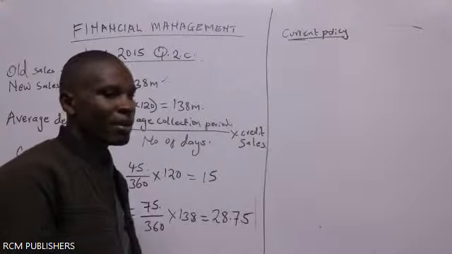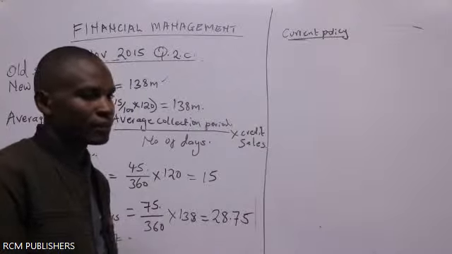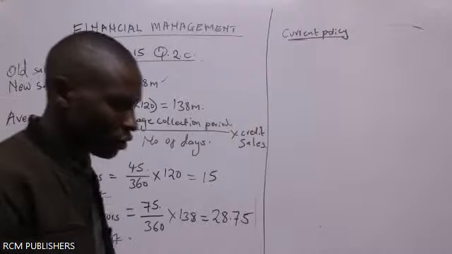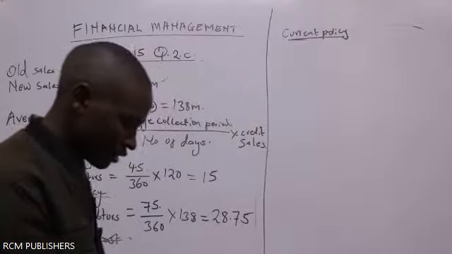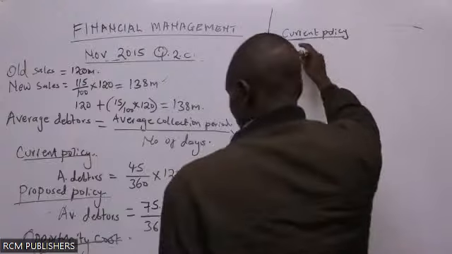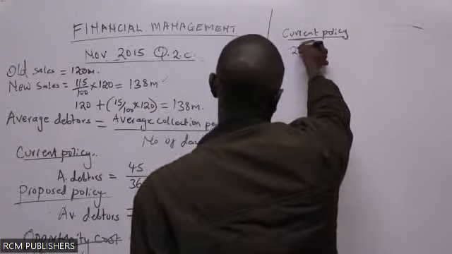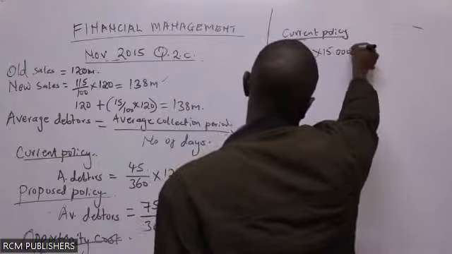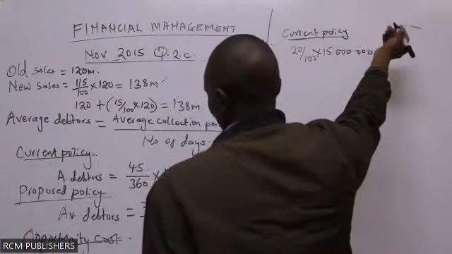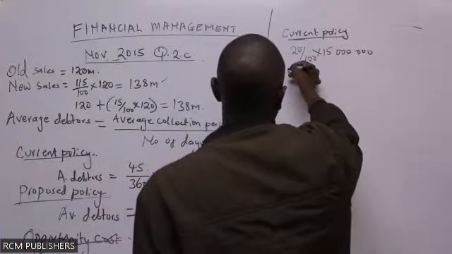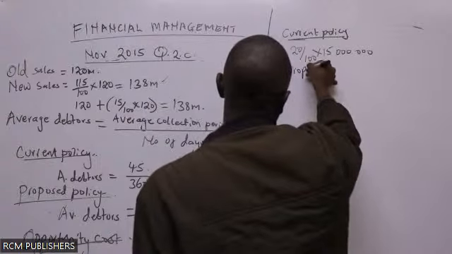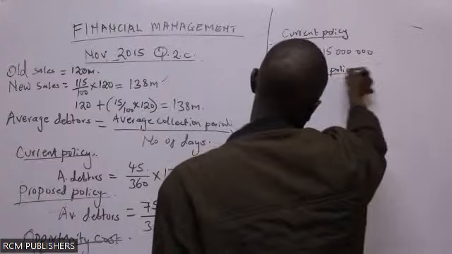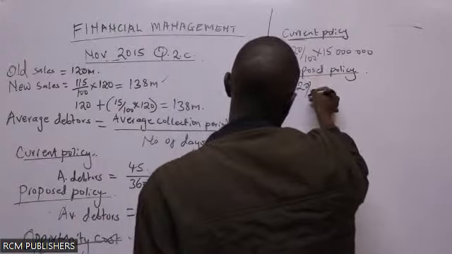Opportunity cost is given by the return. We need to see return ya current policy ni ngapi na return ya hiyo policy ingine ni ngapi. That is what we need. So our current policy is 20% of 15 million. Inapatia 1 million. And then proposed policy inapatia 20%. The return.